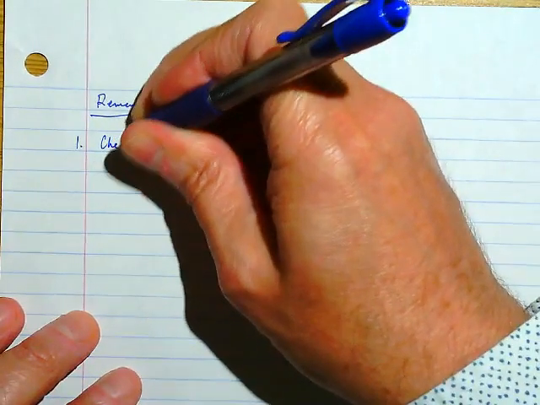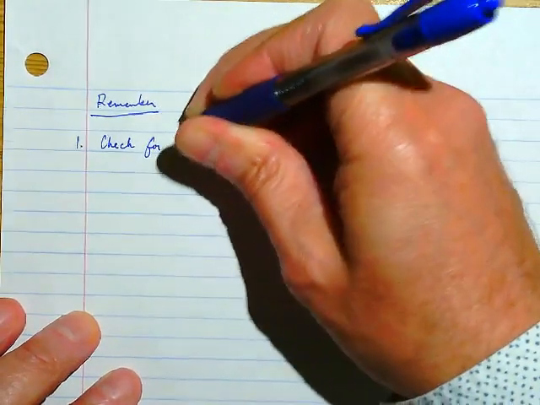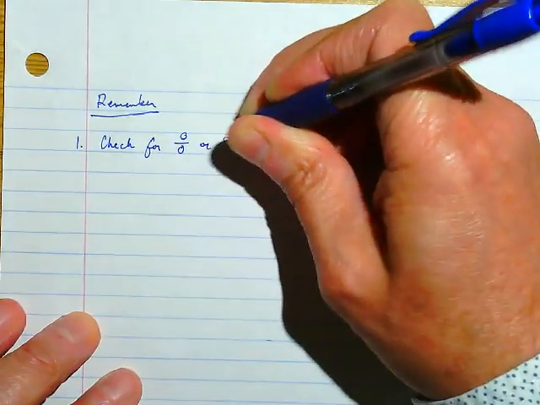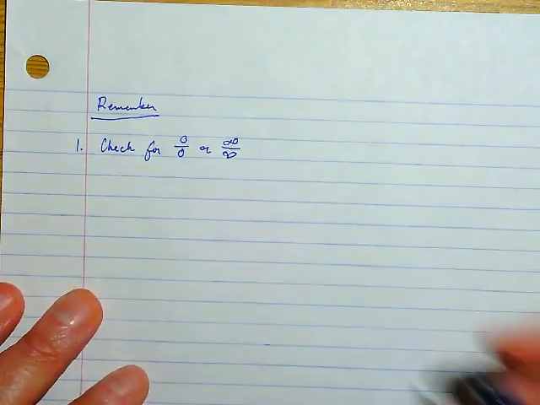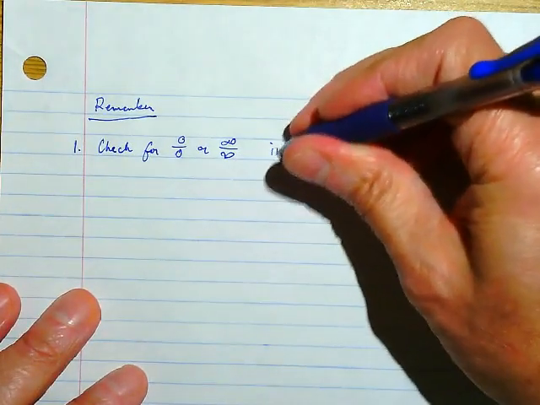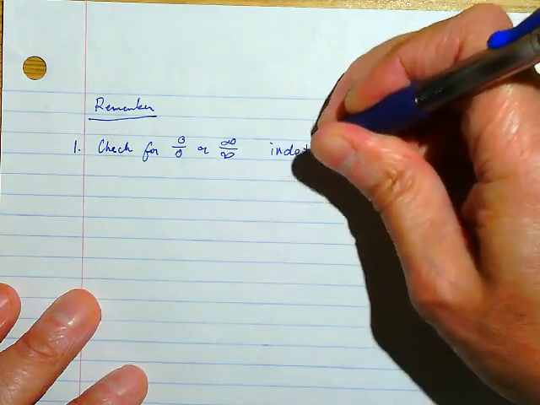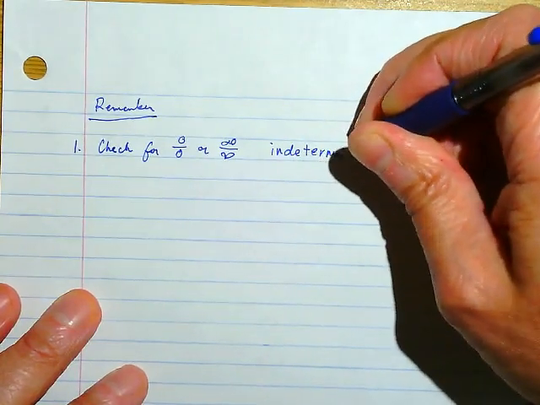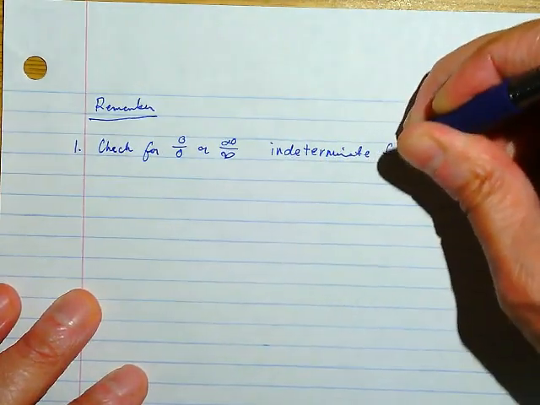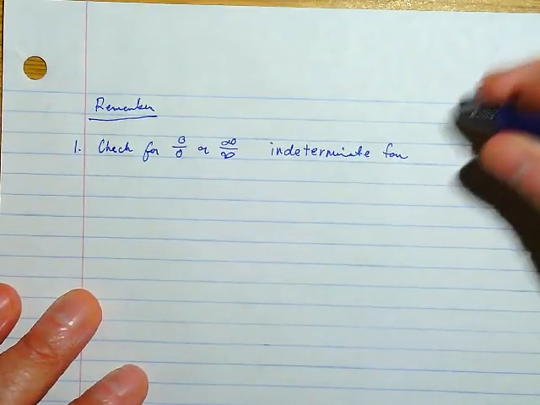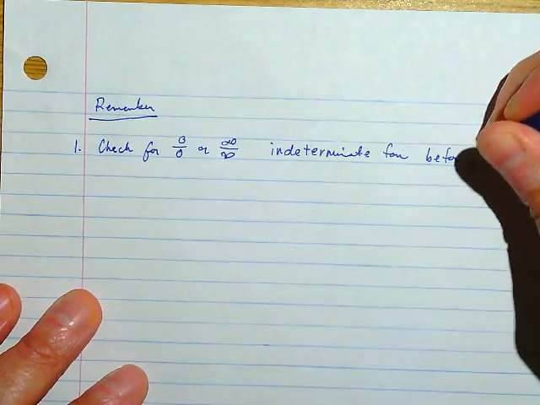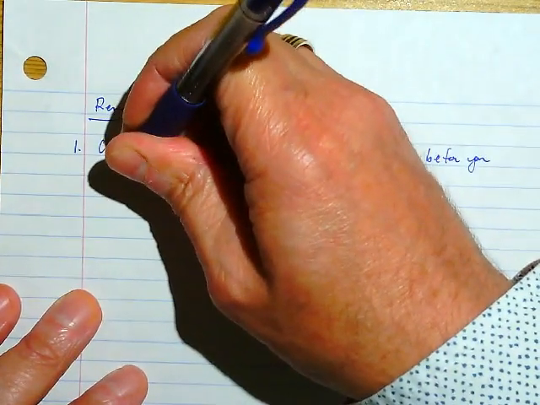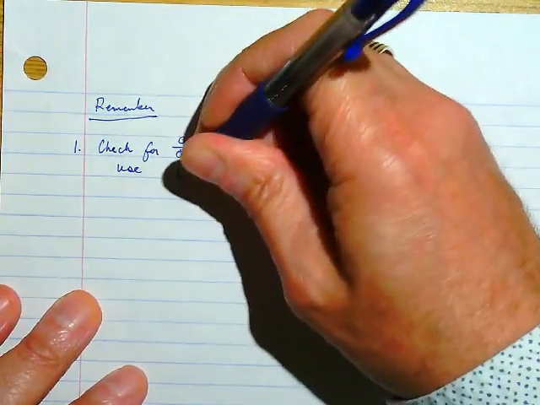Okay, so step 1, or reminder, check for 0 over 0 or infinity over infinity. Check for those, which is the indeterminate form, before you use L'Hopital's rule.